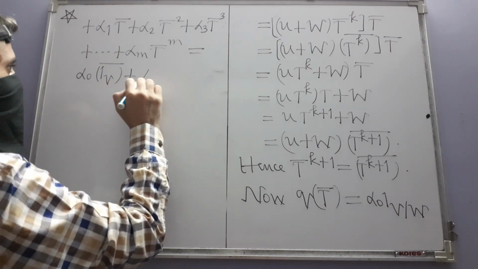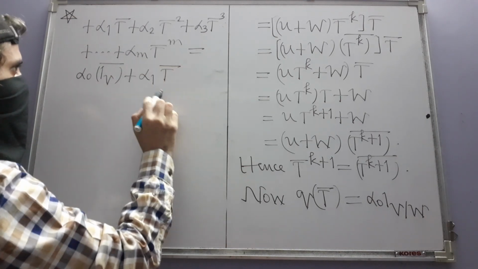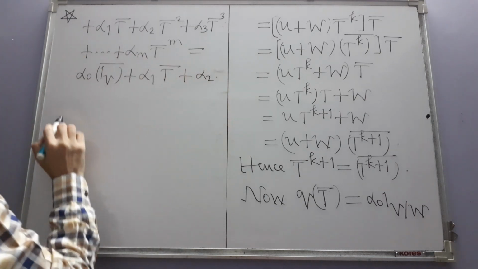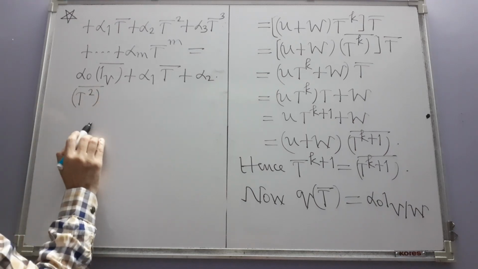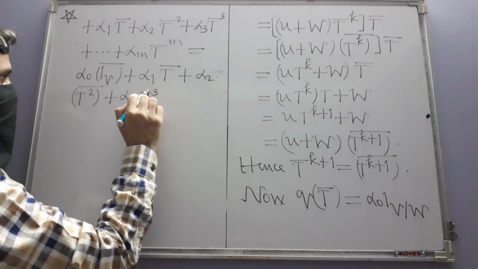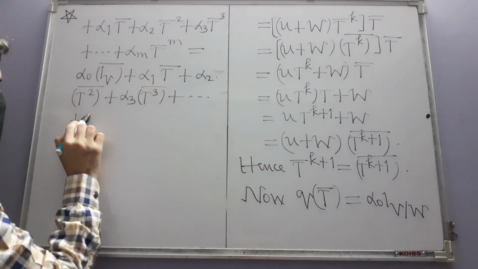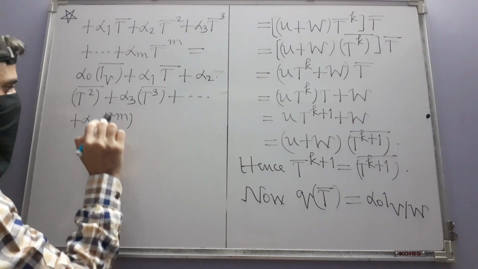And then you have alpha 1, well, this is just simply t bar, plus alpha 2 times, here you can write t square bar, plus similarly alpha 3 t cube bar, plus alpha m t to the power m bar.